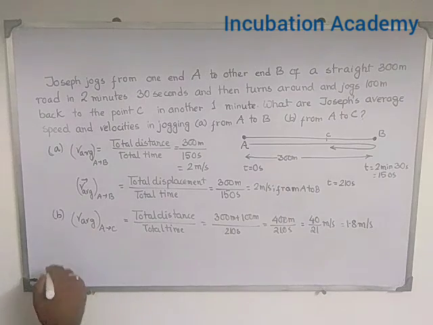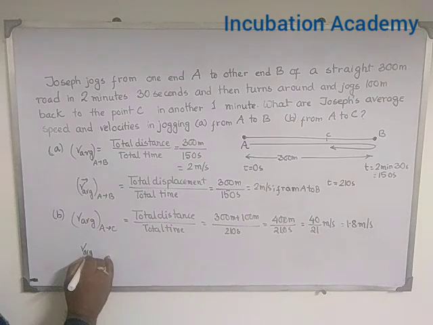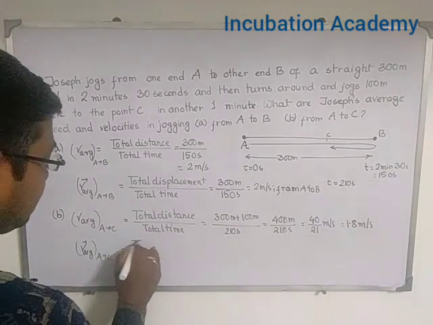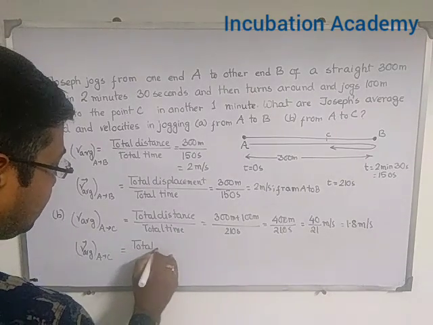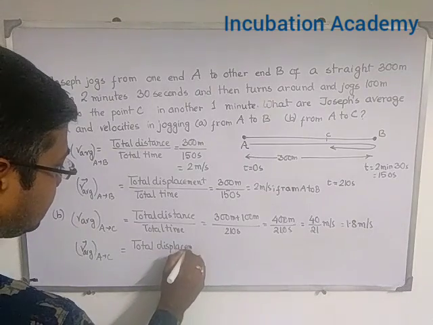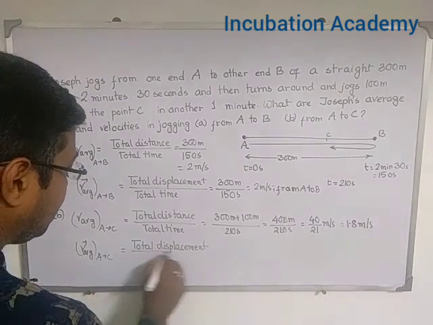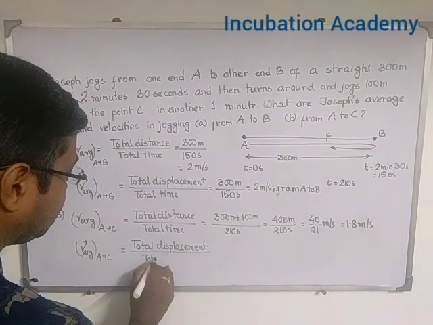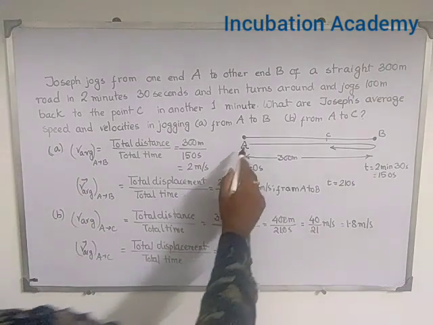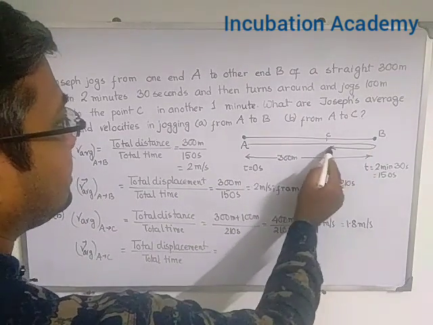Now the V average from A to C, I am calculating the velocity. In that particular case, total displacement divided by total time. What is the total displacement? 300 meter from here to here, again it turns back 100 meters.